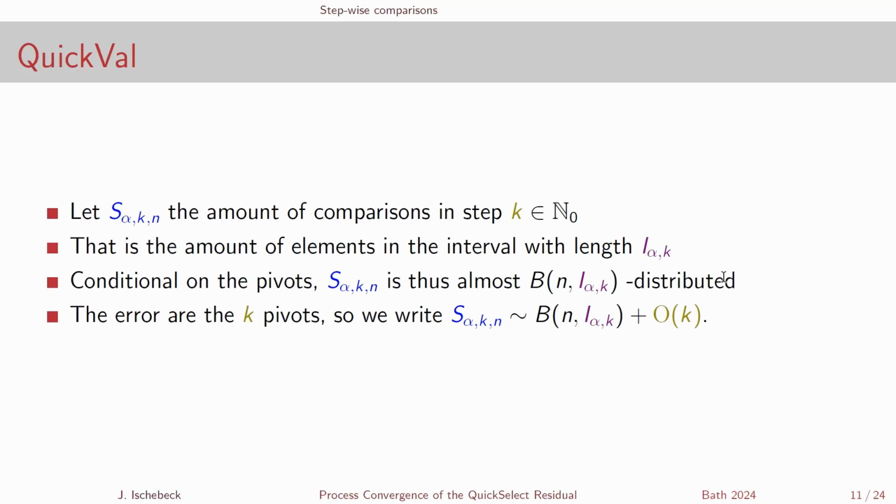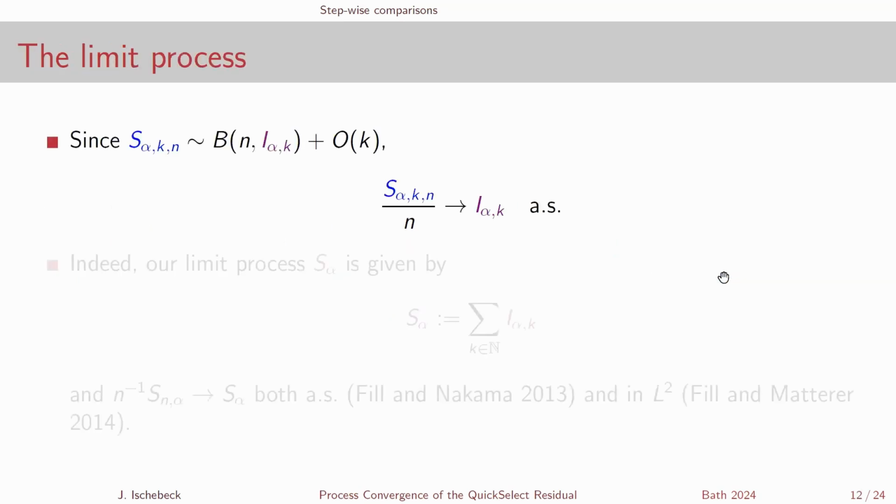So let's write tentatively S_alpha,k^n is binomial plus some error. And this explains where our limit comes from. On the stepwise level, we see a binomial distribution scaled by n should converge against its probability, and its probability is |I_alpha,k^n|.